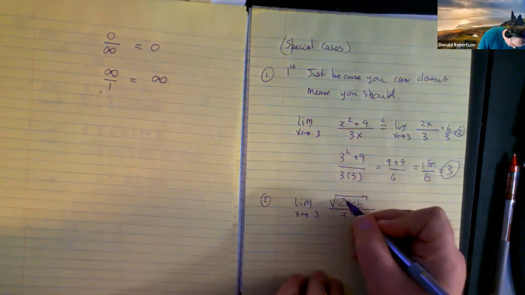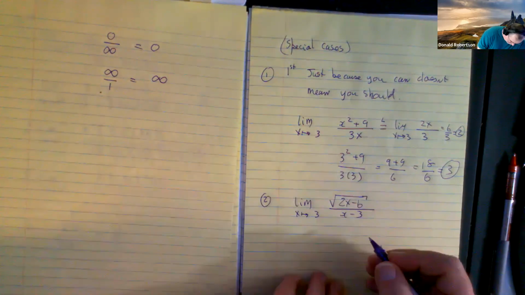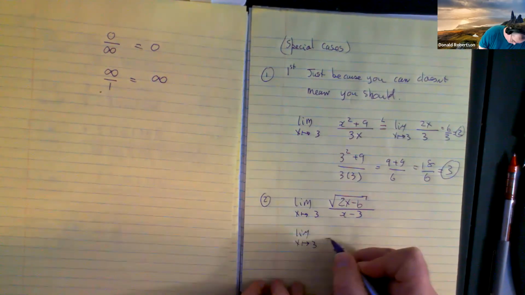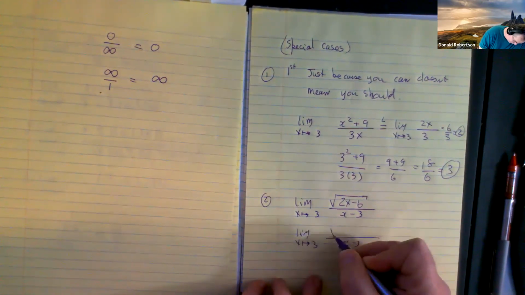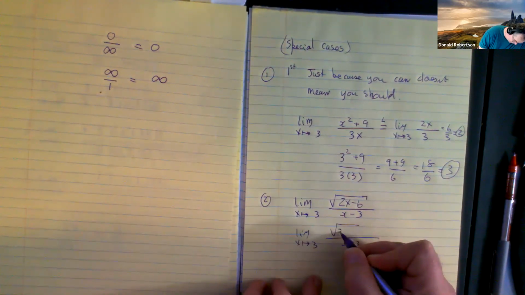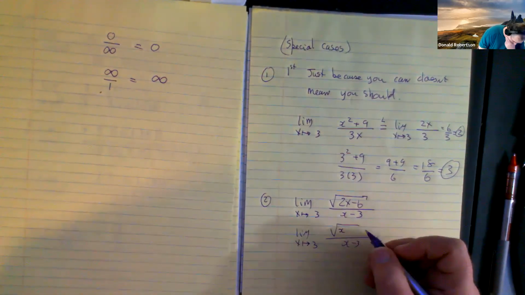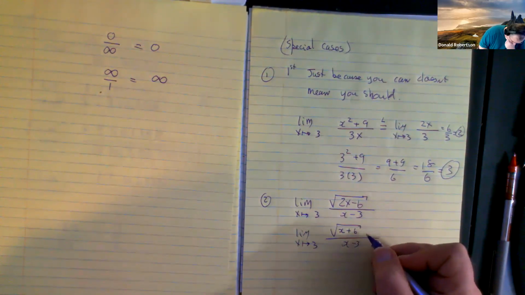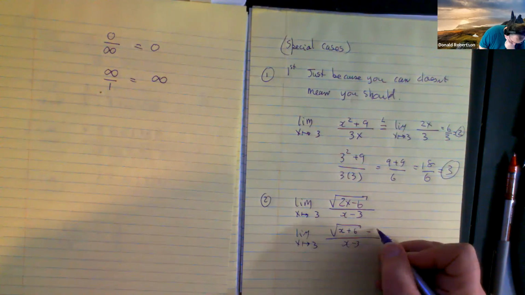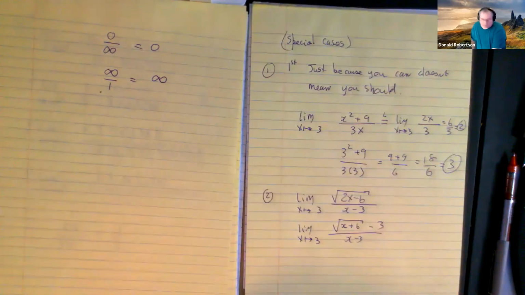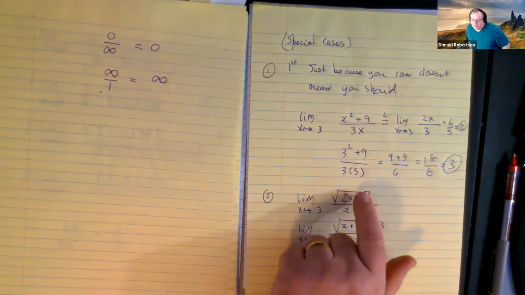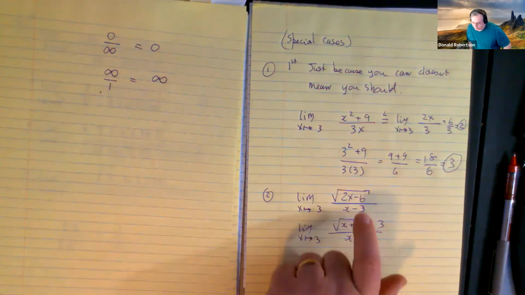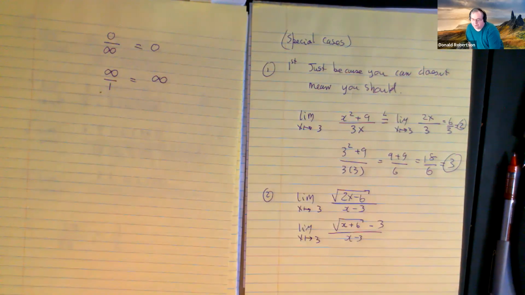Actually, yeah, that one would work, but I've just thought of a better one. Yeah, that one. That would also work. I could do L'Hospital on both of these. They're both 0/0 indeterminate form.